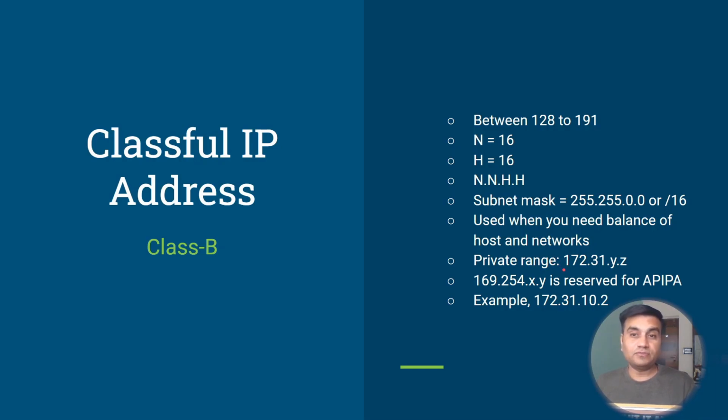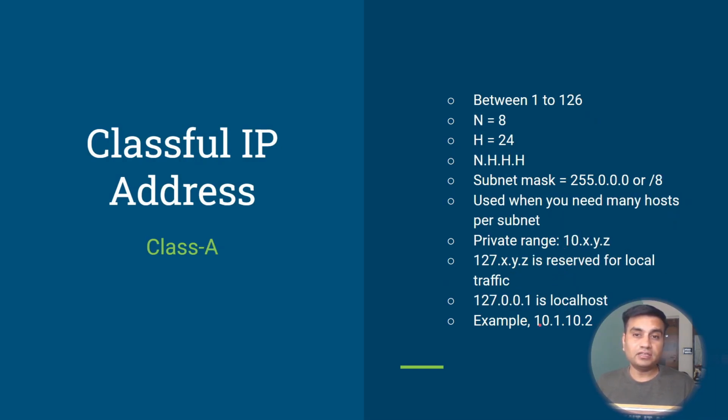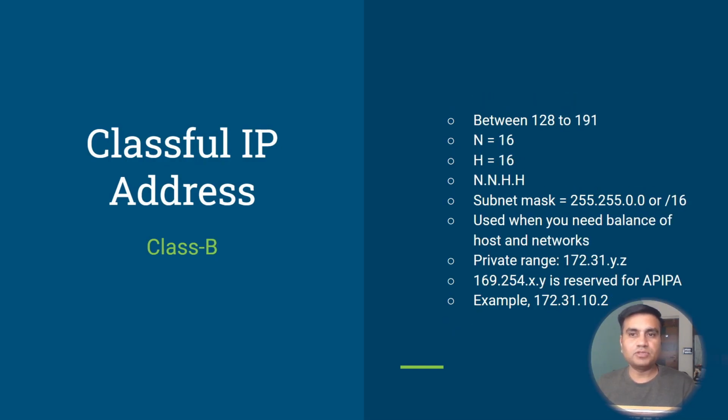And as it was in the case of class A, there was a private range. If you want to host your laptop on internet, you will go for a public range. If you want to host your laptop in a local network not accessible from outside, then you are supposed to go with a private range. Similarly, in class B also we have a private range, because suppose my server doesn't want to be exposed to internet, then I should use this, 172.31.x.y, where x.y can be anything, 10.5, 5.10, anything.